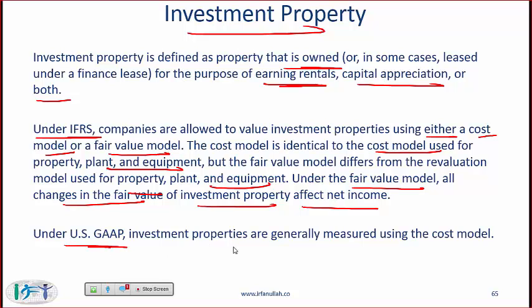Under US GAAP, investment properties are generally measured using the cost model. In other words, with US GAAP, we don't have a separate category called investment properties, and we don't have a revaluation model there either. So if you have investment property, it is just treated like any other property and treated using the cost model.